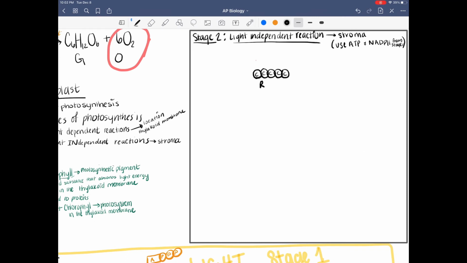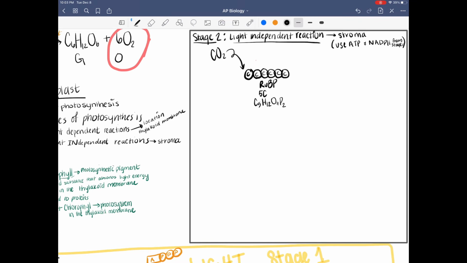We have other molecules as well. The actual formula for it would be C5H12O11P2.